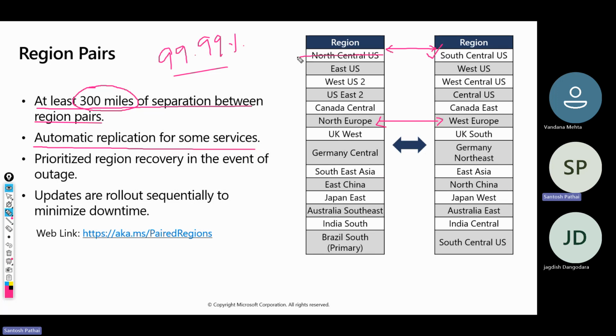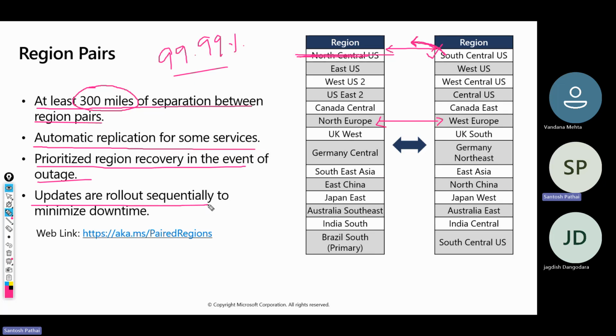If that region goes down, still some of your services would be available from that data center. Now, prioritized region recovery in the event of an outage: the reason for having a paired region is that if there is a region outage, you have the recovery of the services prioritized.